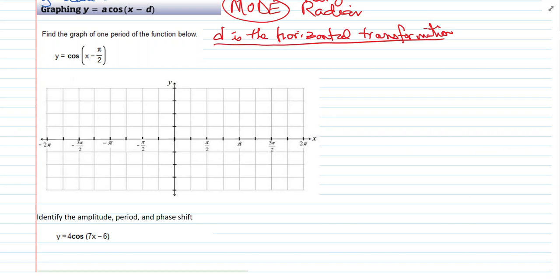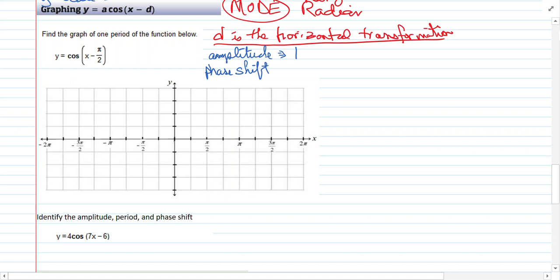So let's talk about what we have. Our amplitude is easy. It is 1 because we have a 1 understood in front of cosine. Our phase shift is all we have.